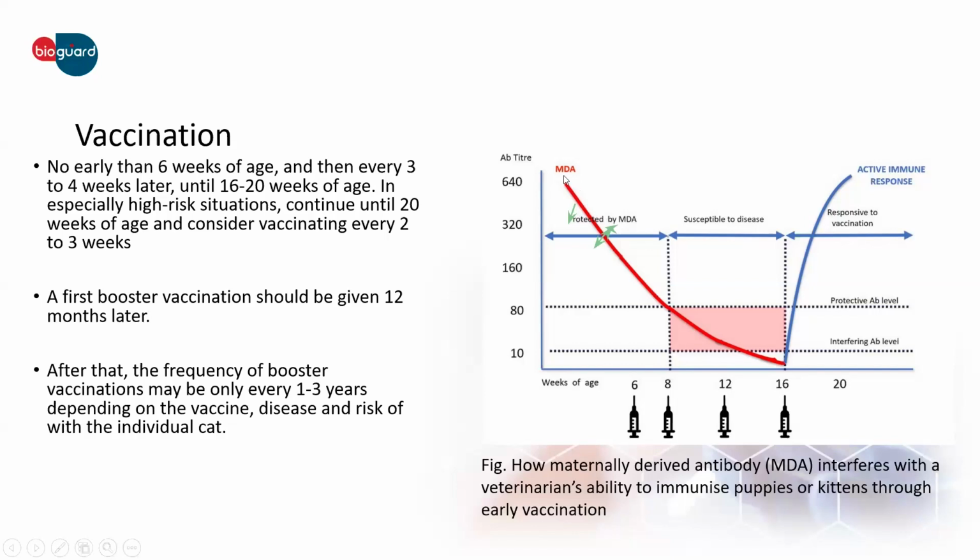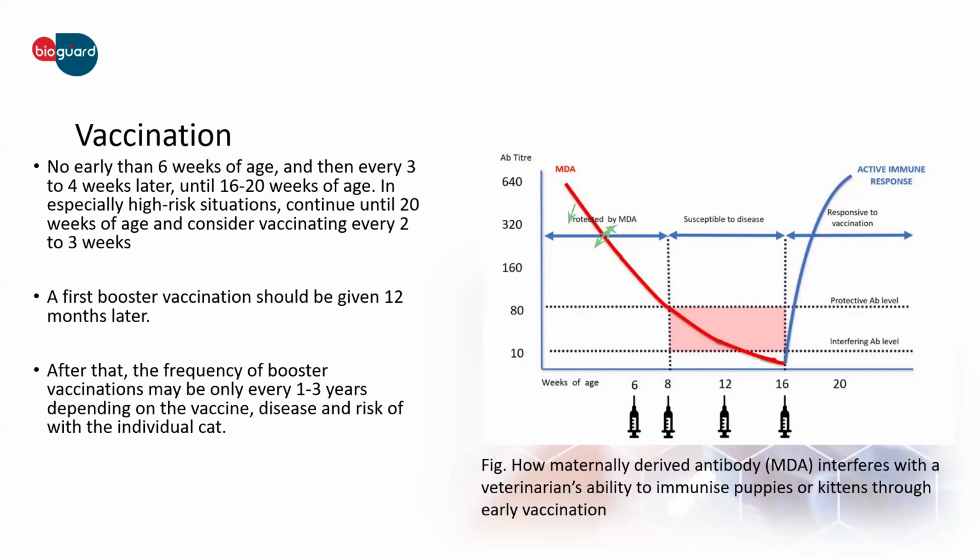When the kitten or puppy gets the milk during the first 24 hours after birth, they get the maternal antibody through that milk, and those maternal antibodies protect the kittens and puppies from infection by the pathogen.